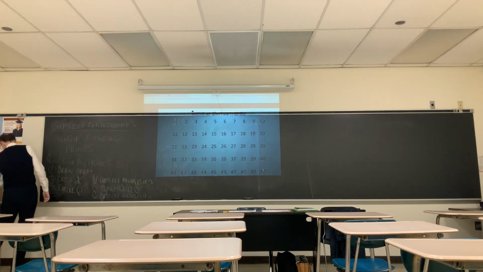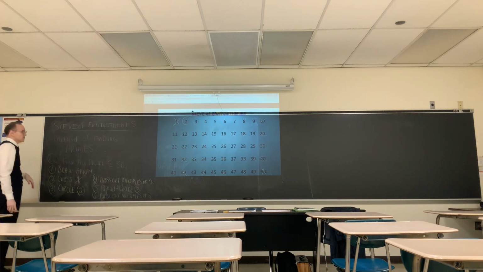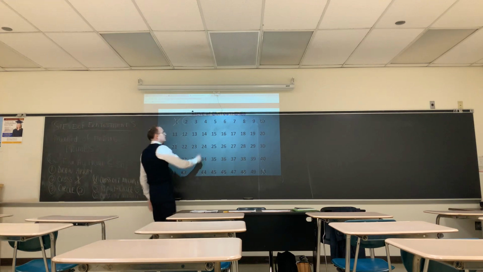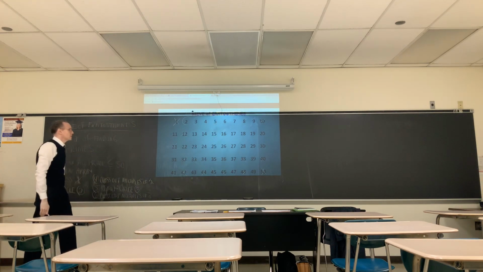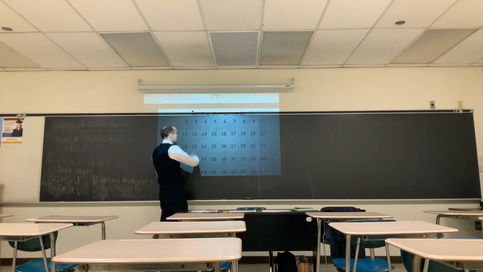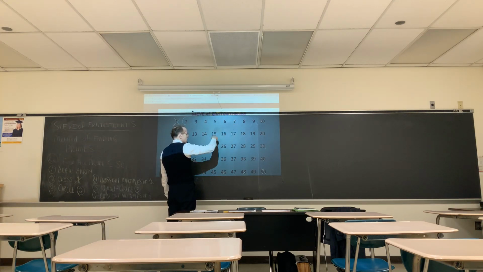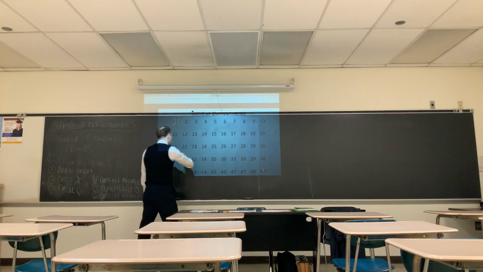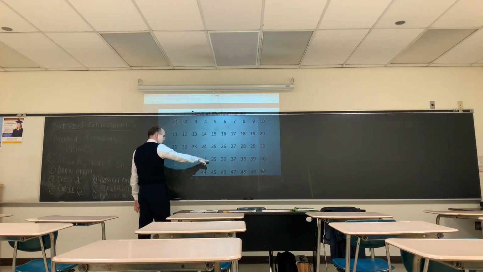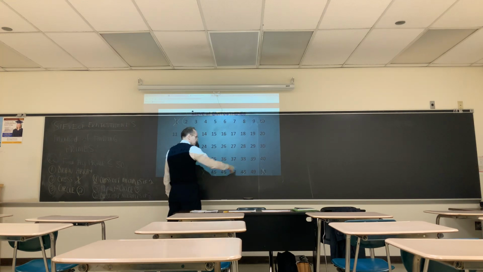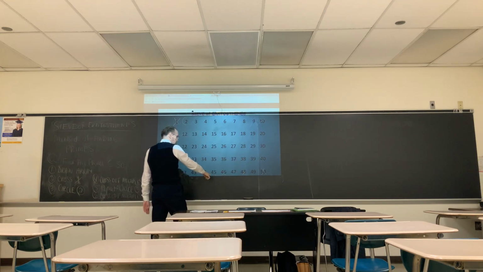Okay. And we're going to circle the next prime, which would be 5. And again, cross out multiples of 5. So let's see. 10 and 15 are already squared away, 20 as well, 25, 30, 35, 40 already done, 45 and 50.